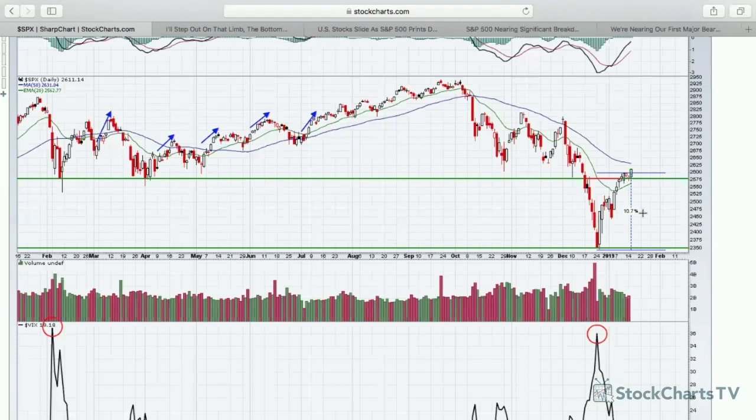Now, because I think ultimately this is going to resolve to the upside in a big, big way, I do not want to try to impose my will on the market and say, listen, this market's got to go down, therefore I'm going to stick with my shorts, or even worse, I'm going to start adding to my shorts, because the bigger picture, the long-term picture, is higher. This could be a V bottom, and I'm not saying it is.